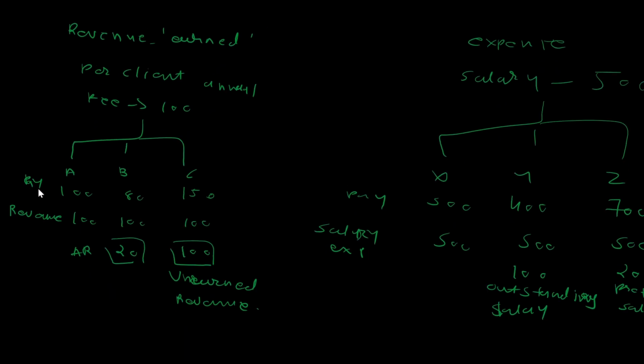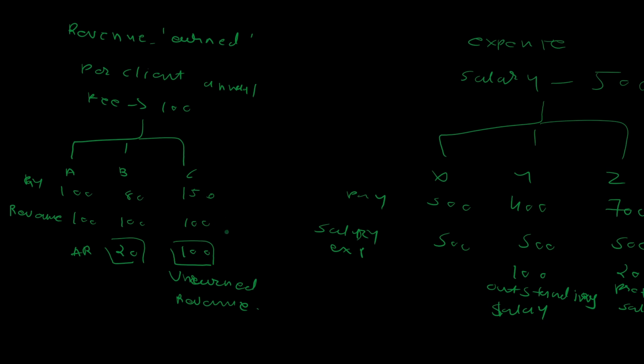In the first year, customer A pays 100, customer B pays 80, and customer C pays 150. But you record revenue as 100 for each of the three clients. Customer B paid 80 but you earned 100, so you will show 20 rupees as accounts receivable on the asset side.